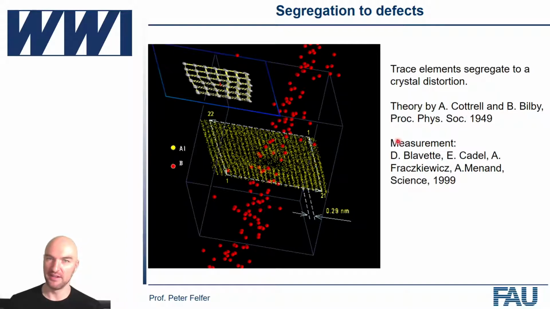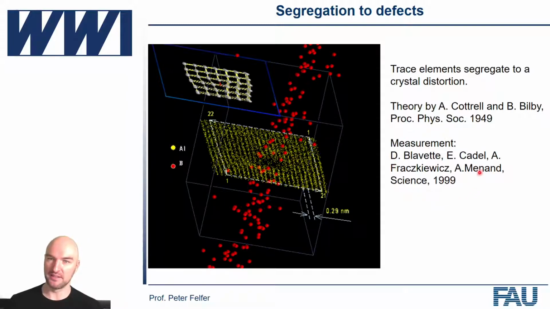Here's a very good example for that from the group also in Rouen, that have shown the segregation to dislocations, which causes certain mechanical behavior, something called a yielding point, by Cottrell atmospheres. These atmospheres were postulated in the late 40s already.